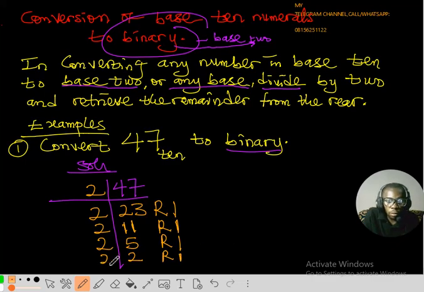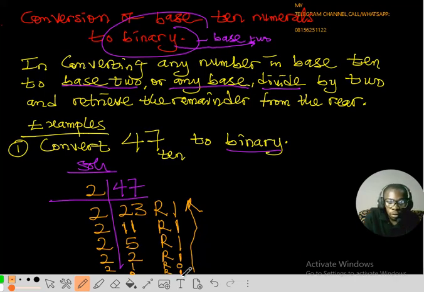Then we move to the next part. 2 divided by 2 is going to be 1. Remainder 0. Then again 2 divided by 1, that is impossible, so it's 0. Then remaining the number that you have here, which is 1. Now how do we take this? You read this up, put an arrow up, meaning that I'm going to start the reading of the number from the last part here.